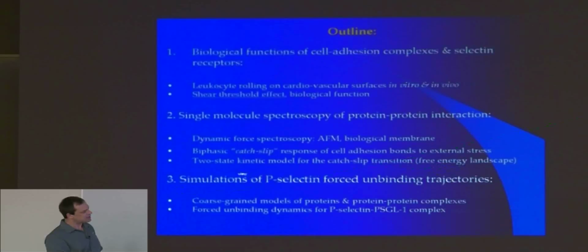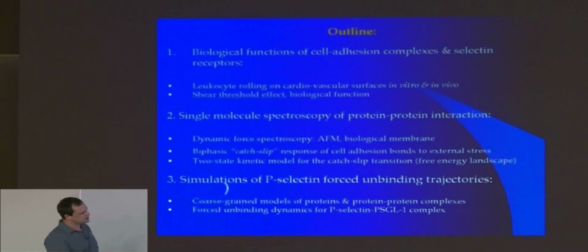And then in the third part, if I have time, I will talk about simulations of P-selectin forced unbinding. The catch-slip transition has been observed for the family of selectin receptors, and P-selectin is just one of that type of receptors.